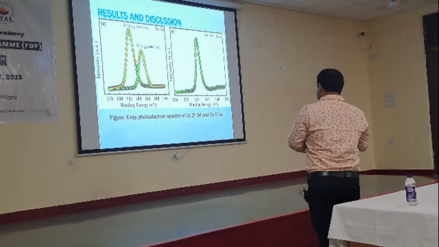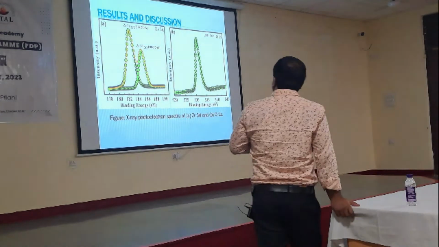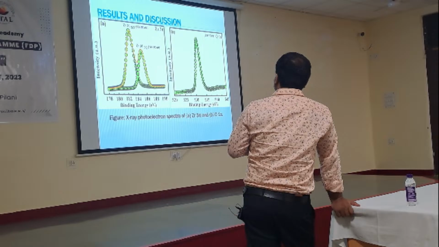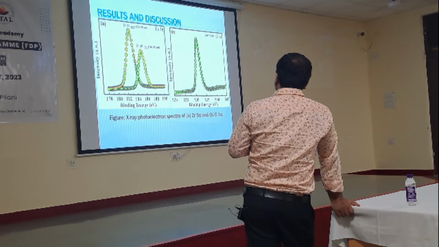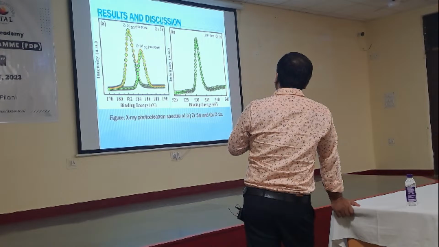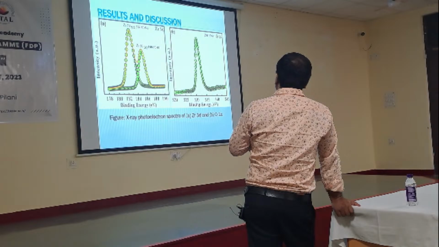Again, I have also undertaken the ZrO2 material for chemical analysis. This is again the photoelectron spectra of ZrO2. You see, in this case, Zr 3d 5/2 and Zr 3d 3/2, both are very distinct peaks, corresponding to 185.1 electron volt, which is responsible for Zr 3d 3/2. If you see the chart, 180.28 is responsible for the Zr 3d orbital splitting, which is 5/2.